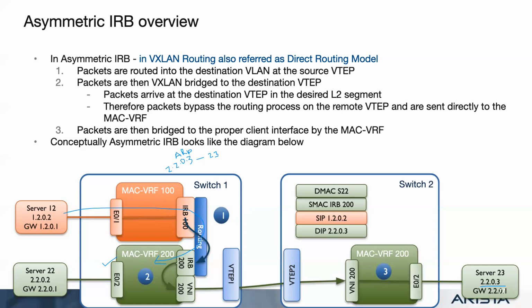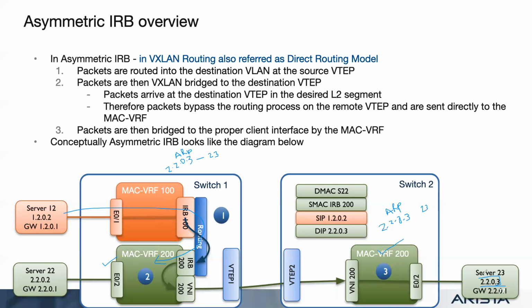That there was already communication between these two. Yeah, so basically, if this ARP is locally learned here, the ARP table is already updated for this host, 2.2.0.3, with MAC 23.